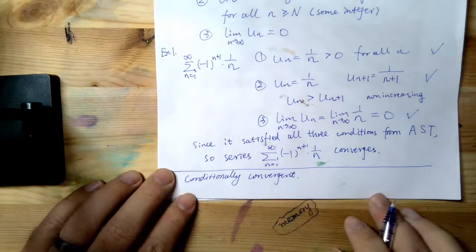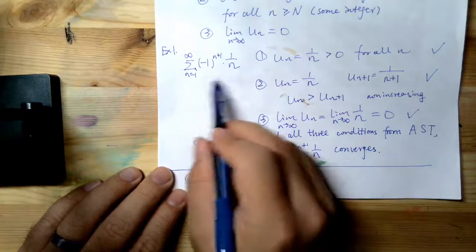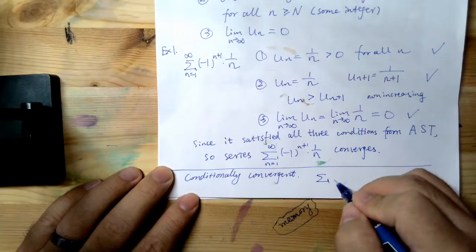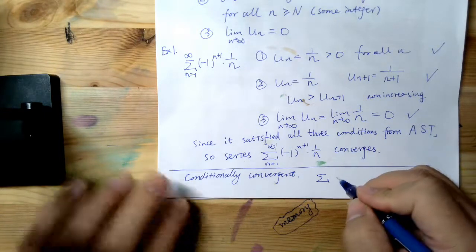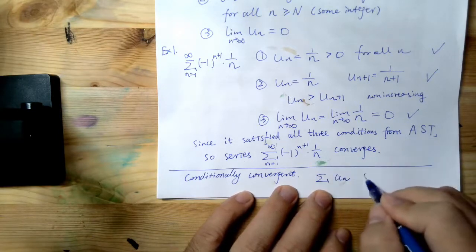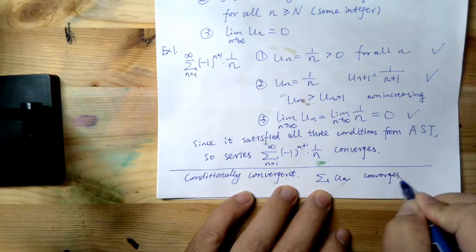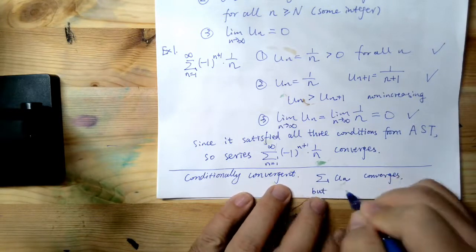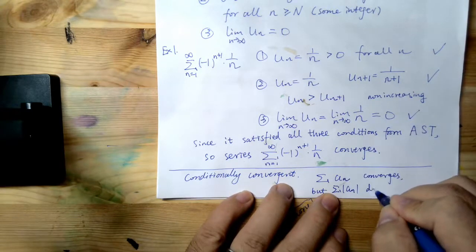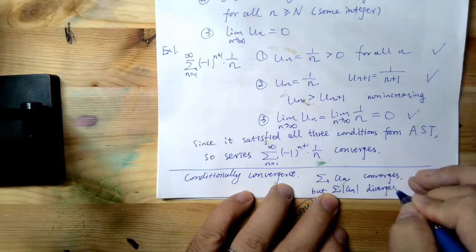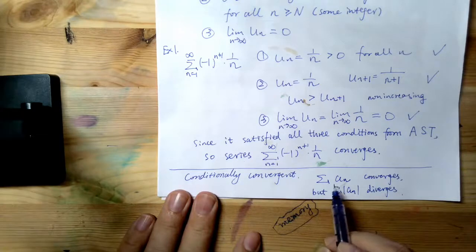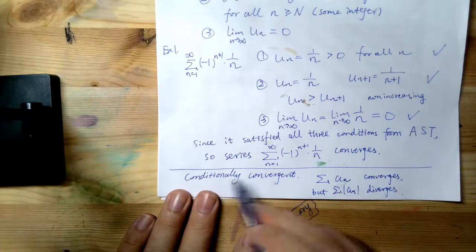For this example, as you can see, the series itself converges, but the absolute value of the series diverges. So under this situation, we say that this series is conditionally convergent.